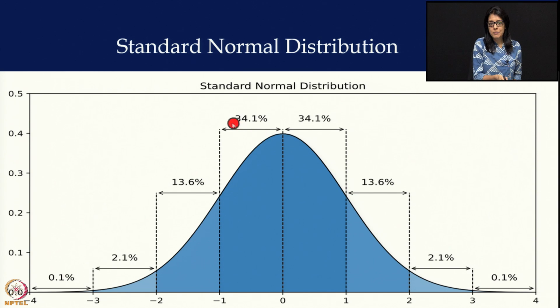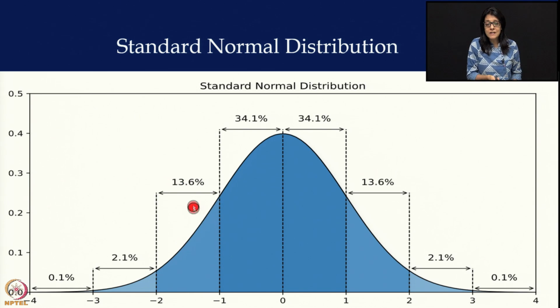Below average would be 34.1% of children falling from the mean to -1. And then you have some children who are even smaller than that, between -1 and -2 standard deviation. About 13.6% of children fall in this range, from -1 to -2.